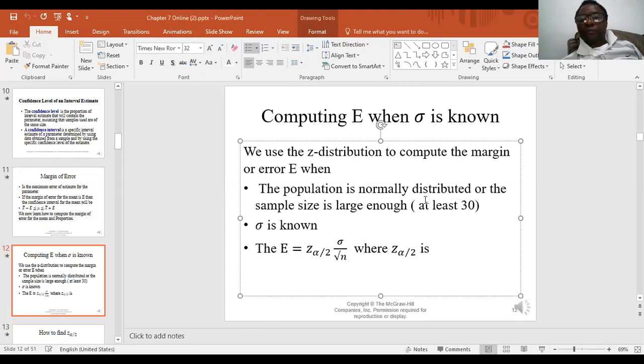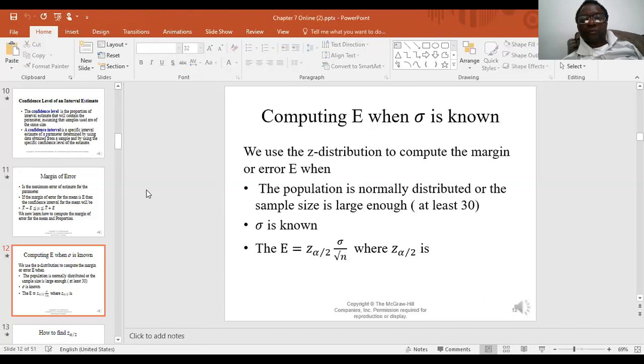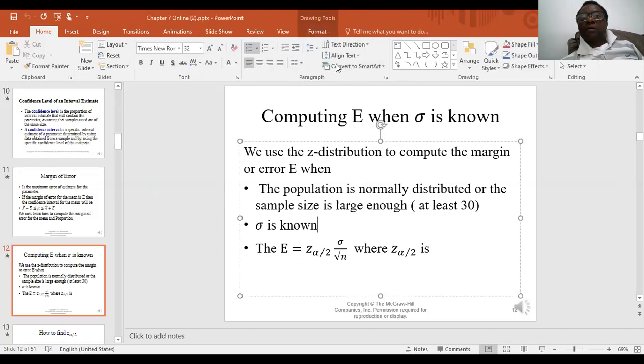So as I said, we have two cases. The first case is when sigma is known. The second is when sigma is unknown. So when sigma is known, we will use this formula to compute the margin of error.